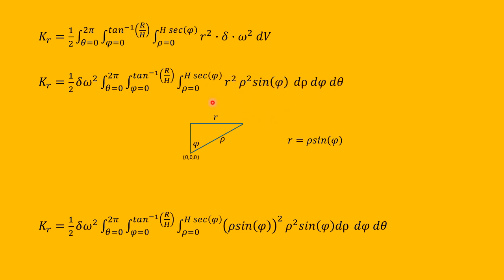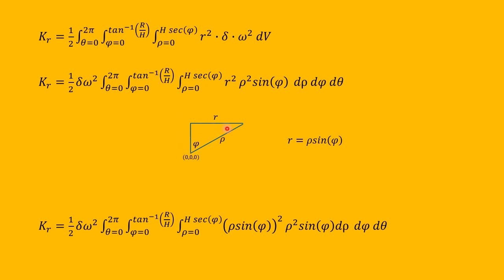Now, we don't use r in spherical coordinates. We used it as one of the coordinates in cylindrical coordinates, and there's a relationship between the two. If you look at the z-axis coming straight up, and you have this angle phi coming out like this, and a point up here that has the coordinate rho in spherical coordinates, then the distance here is going to be r, the distance to the z-axis, the axis which we're rotating about.